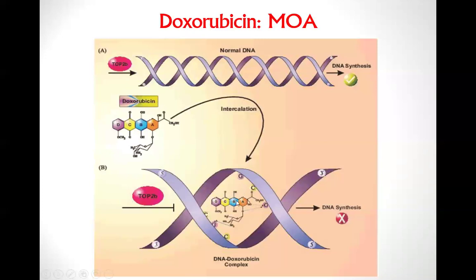Doxorubicin molecules sit between 2 strands of DNA. Topoisomerase cannot find a place to remove the supercoils. So DNA replication is completely halted. By intercalating between 2 DNA strands, this antibiotic doxorubicin causes inhibition or disruption of DNA replication. Am I clear? We have discussed already.